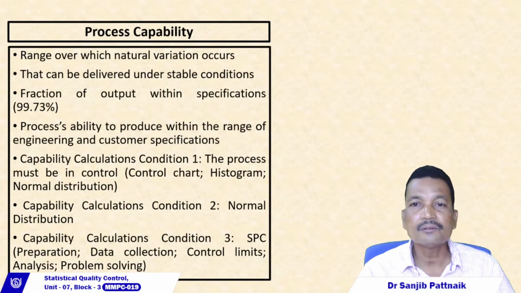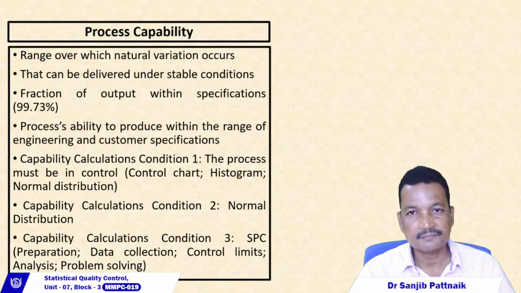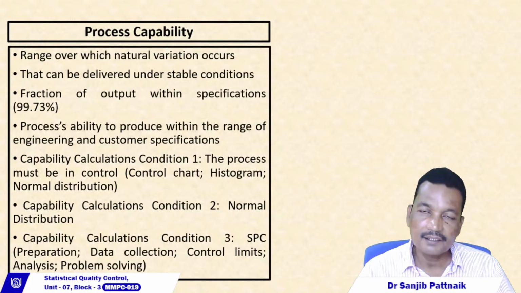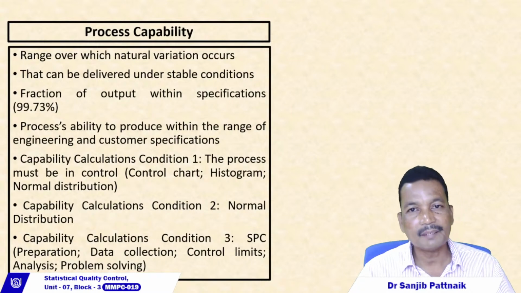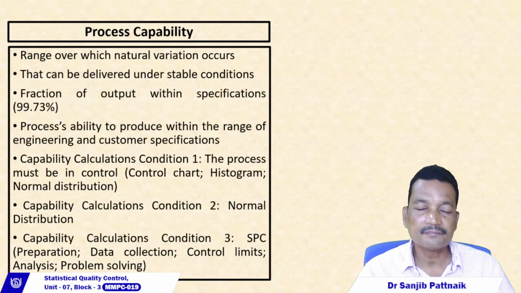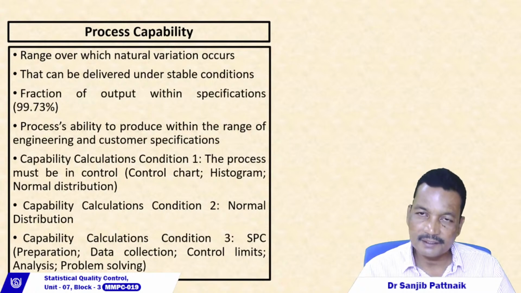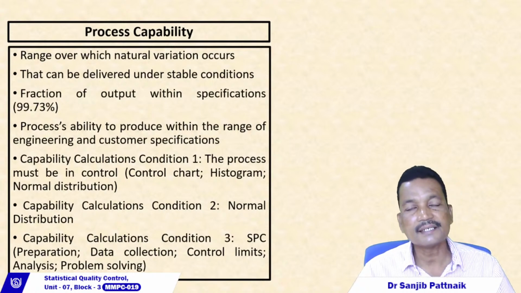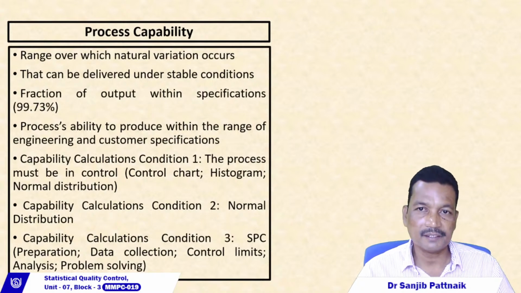That will allow the specification, the required, the minimum, the maximum. Within this specification, if we can produce 99.73%, then that is called process capability.